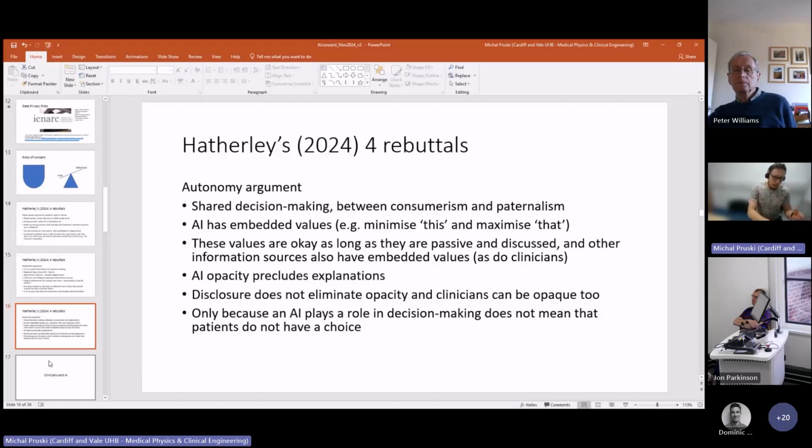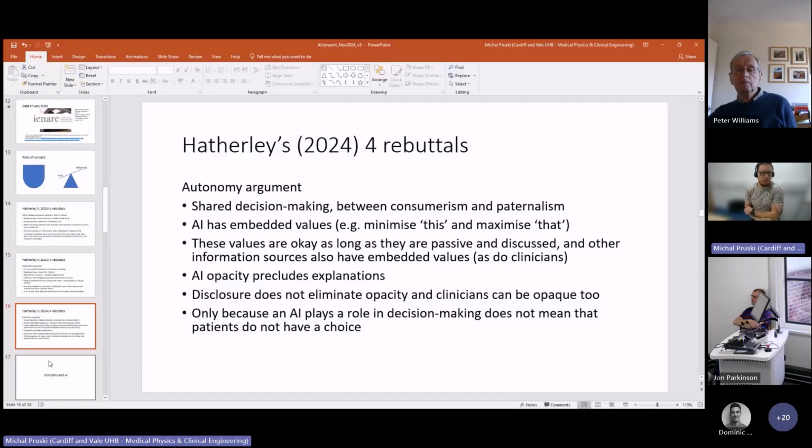But clinicians also have values when they present and how they present options to patients, and we generally accept them as fine as long as they're not forced onto patients, but are passive values expressed by, let's say, the clinician and can be discussed, and a patient can make a decision based on that.